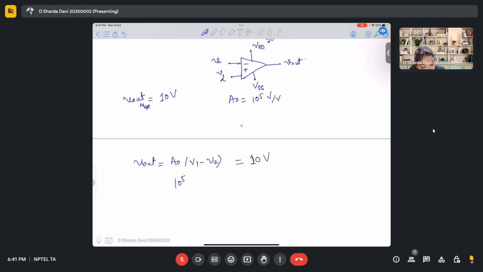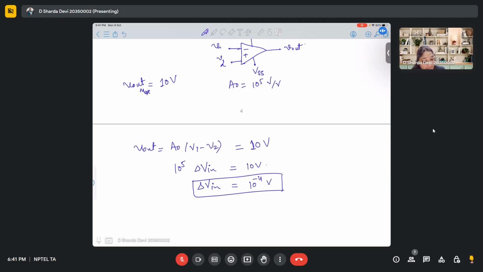Your gain is 10 to the power 5, so delta V in should be 10 to the power minus 4 volts. So your V in should be in the range of 1/10 of a millivolt. Correct? This is the maximum that you can give. So your input should always be less than this to see the behavior of amplification through an op-amp.